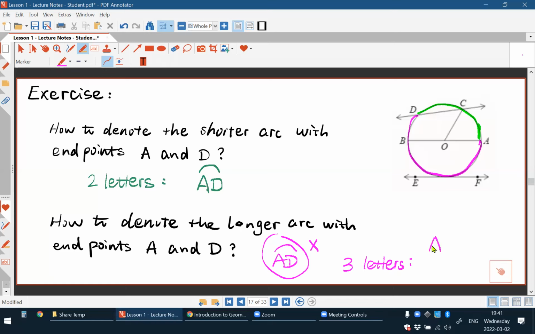Starting from A, we can choose another point along the arc, such as B, and then the other endpoint D. So arc ABD means the longer arc. Make sense? So fewer letters for shorter arcs and more letters for longer arcs. Make any sense? Yeah. Okay.